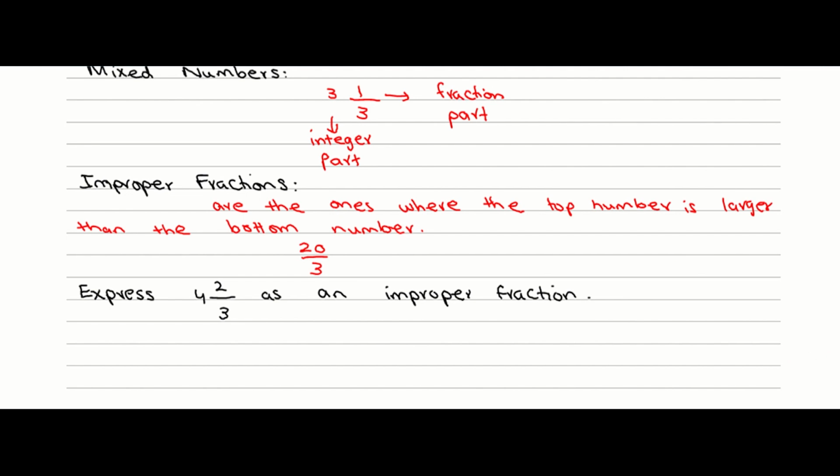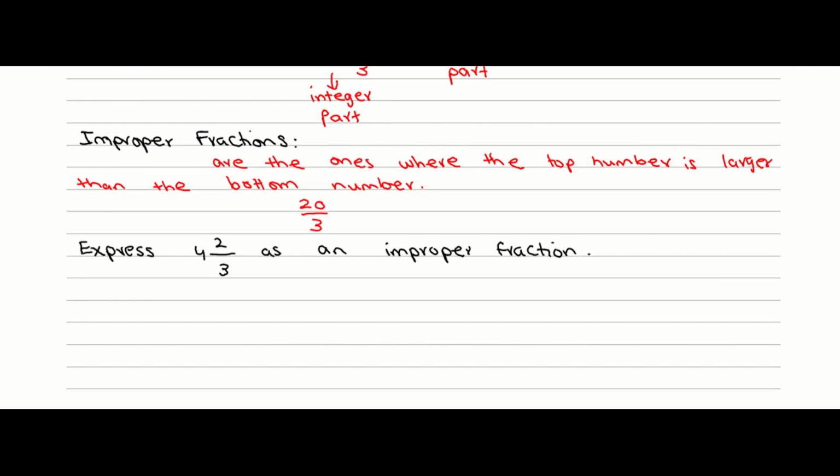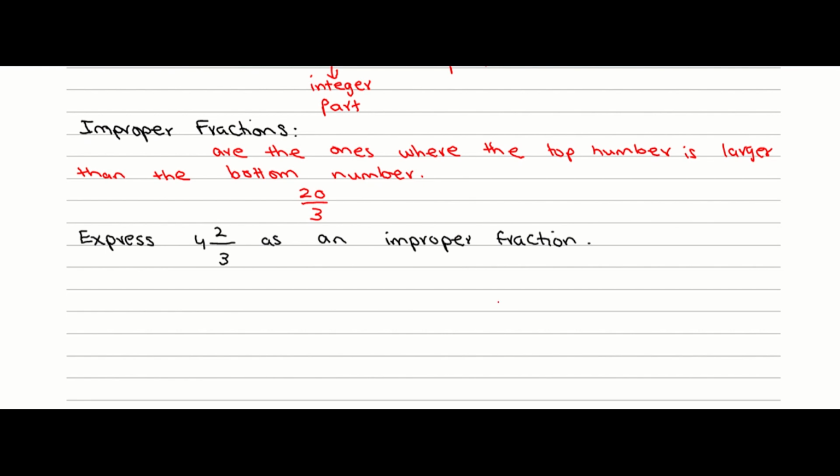To express the mixed number as an improper fraction, we will first think of our mixed number as an addition. In our mixed number, we have our integer part and a fraction part, so we will write them as an addition. We have the integer part, that is 4, plus the fraction part, that is 2 over 3.